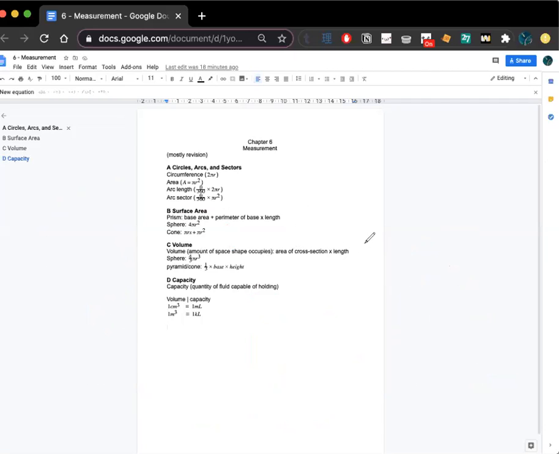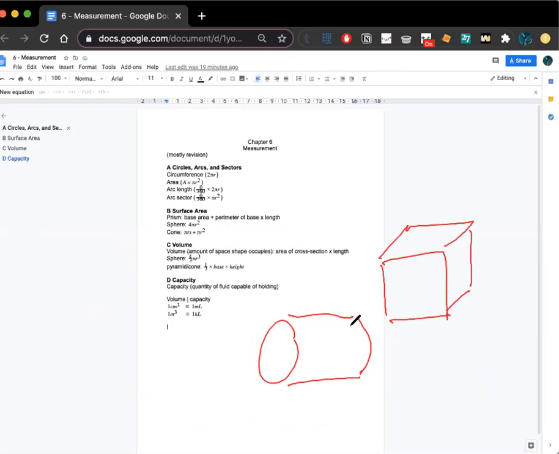And then for volume, volume is essentially the amount of space a shape occupies. If you have a general shape, like maybe a cube or a general prism, then the way to look for it would be to look for the area of this part multiplied by the length.